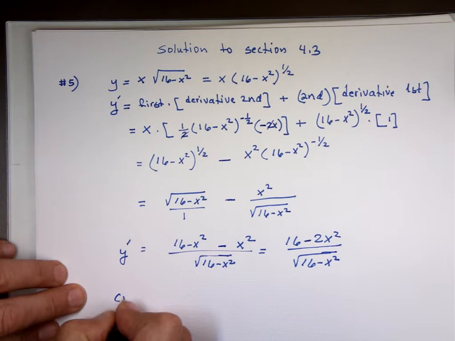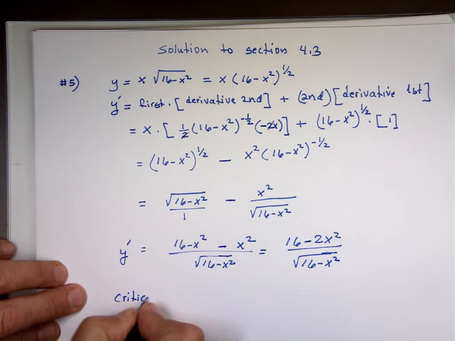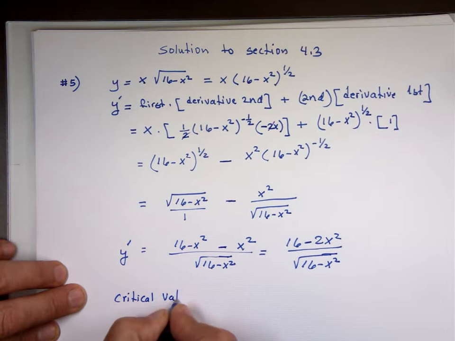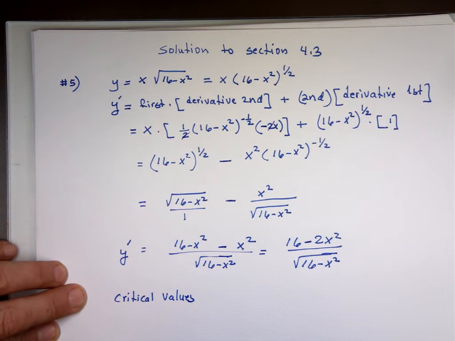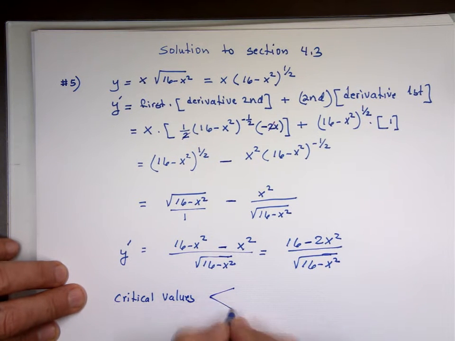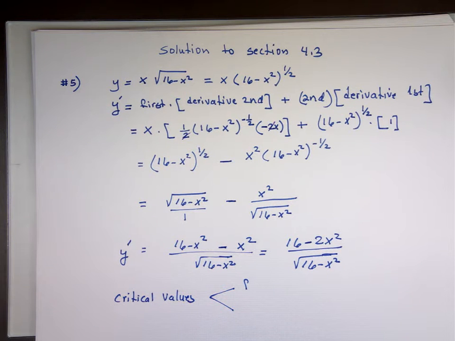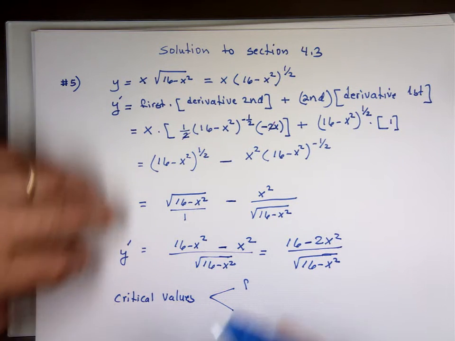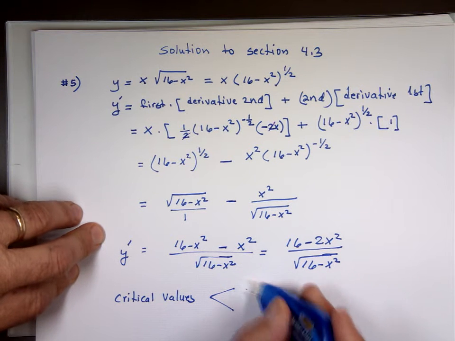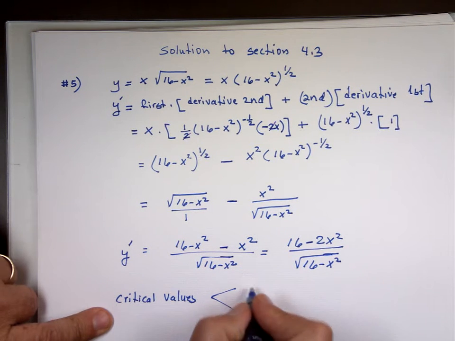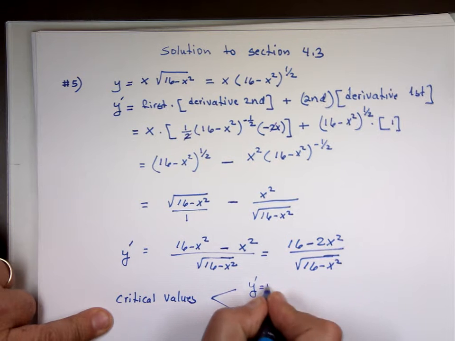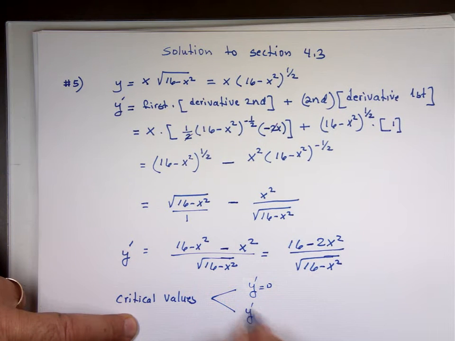Critical values, if you remember, there are two sets of them. That's what makes the derivative, I was about to say f prime, but we're using y here, or y prime, is where the derivative is 0 and where the derivative is undefined.